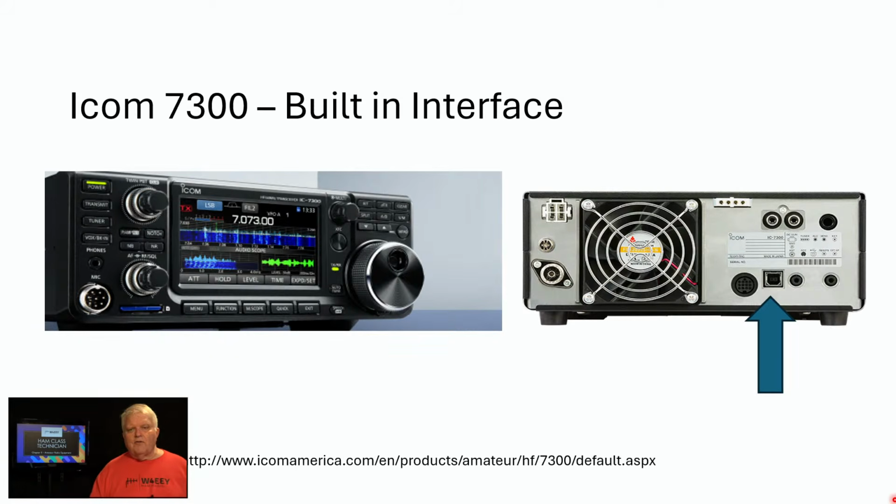Nice spectral display on the front, and if you look around the back panel, it's got a USB jack here. It's got a built-in sound card inside, and it's got the control circuitry that you can trigger it to go into transmit. Built-in sound cards are something that all modern radios today have, but we used to use those SignaLinks and others to get the older radios to work.